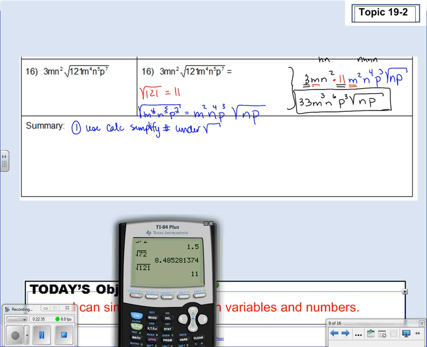If not possible, then we factored and simplified. Then we simplified the variables.